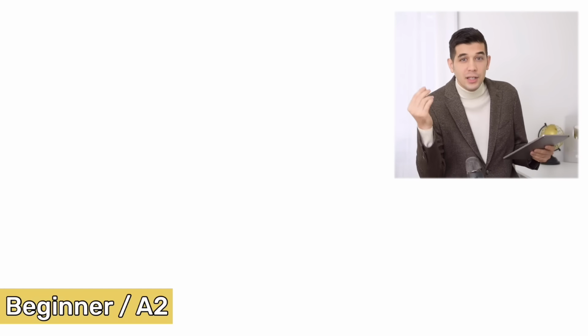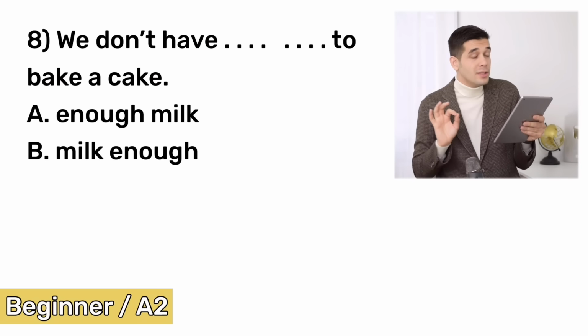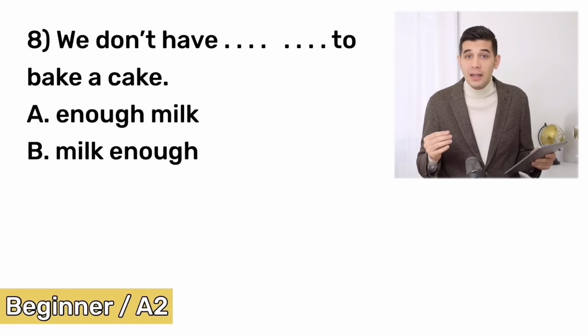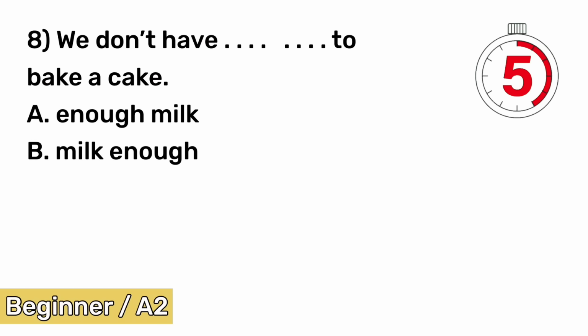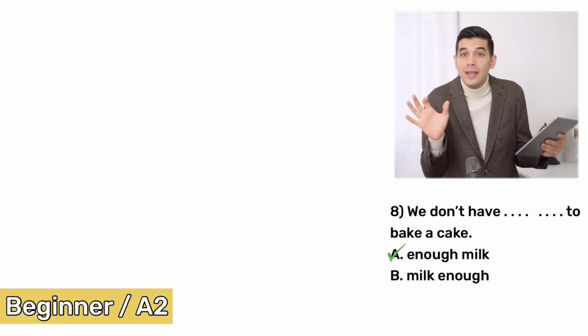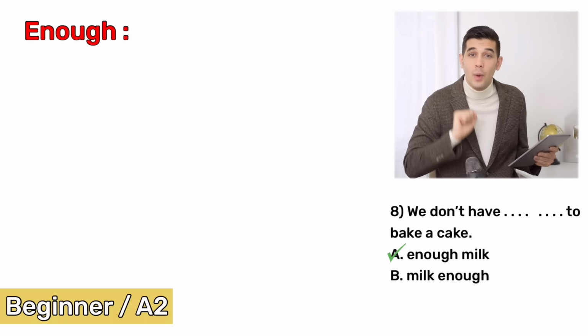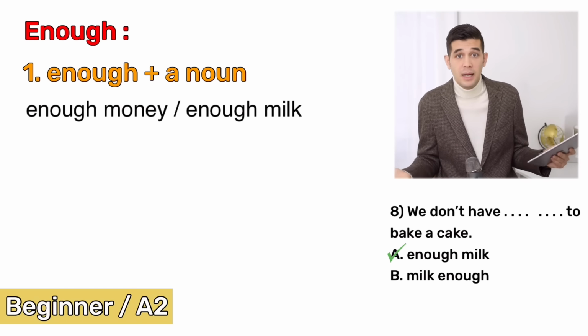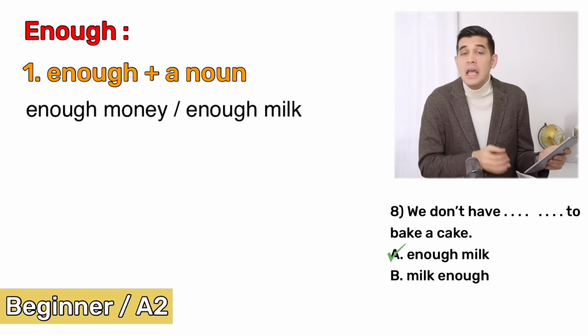Let's move on to question number 8. We don't have to bake a cake. Enough milk, milk enough. Enough milk, but why? Pay attention, we can use the word enough in 3 different ways. Enough plus a noun, for example, enough money or enough milk.